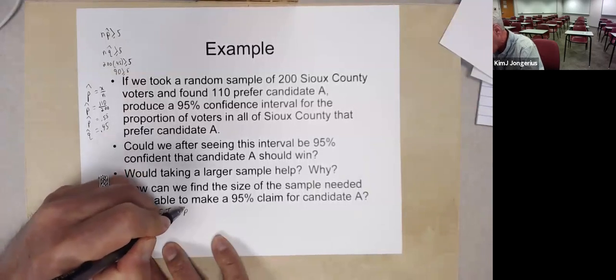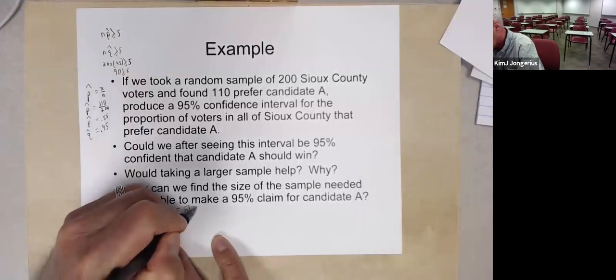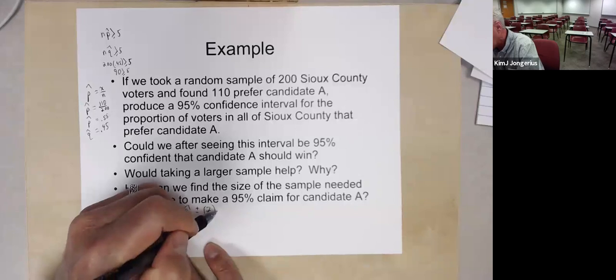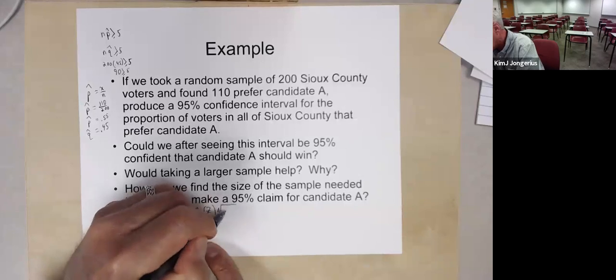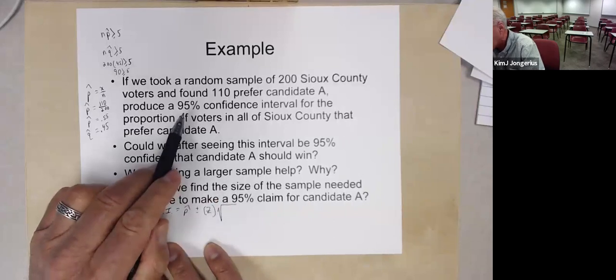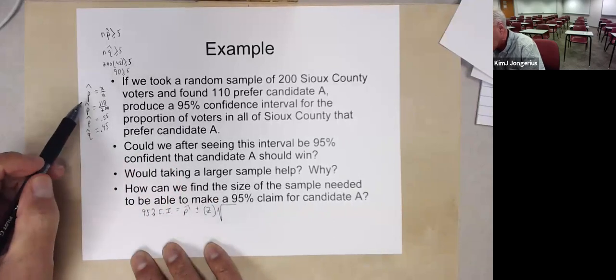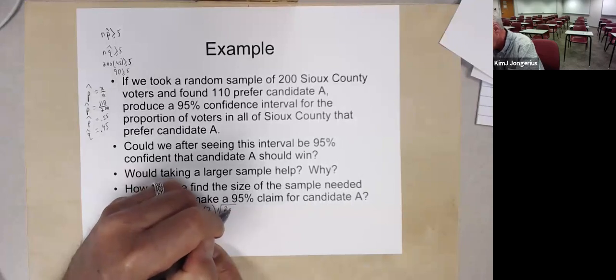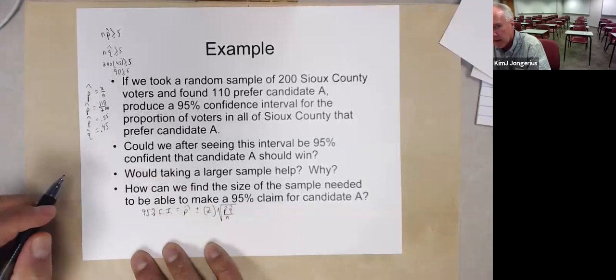It's going to be p hat plus or minus my z-score times that adjusted standard deviation, which again is not going to be PQ this time because I don't have a P to work with. All I have is p hat q hat over n. That would be my formula that I need to work with.